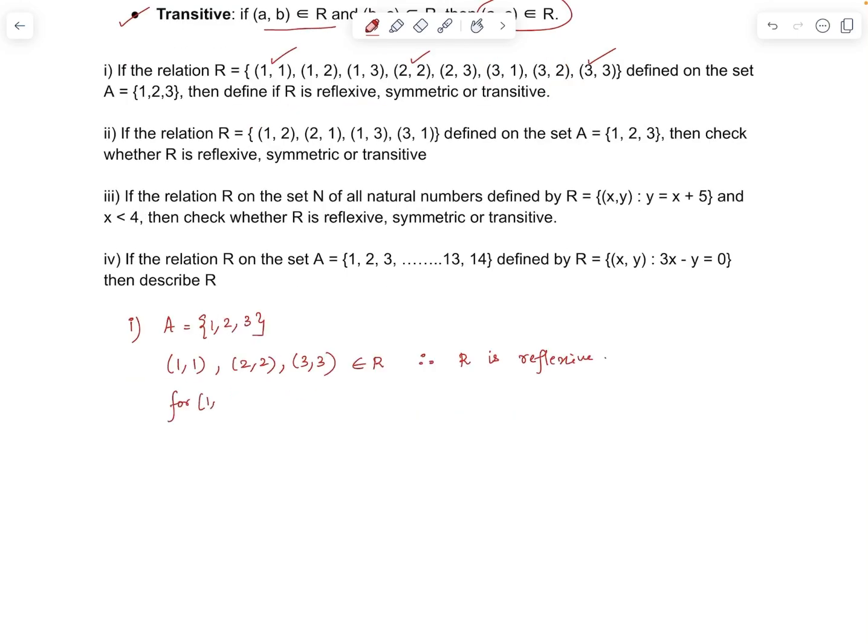For (1, 2) in R, we don't see a (2, 1) in R. Therefore, R is not symmetric.